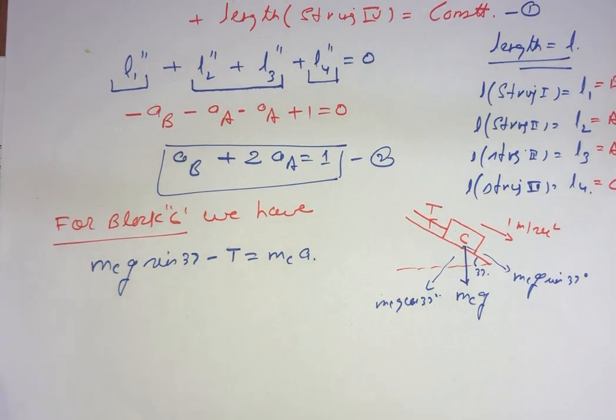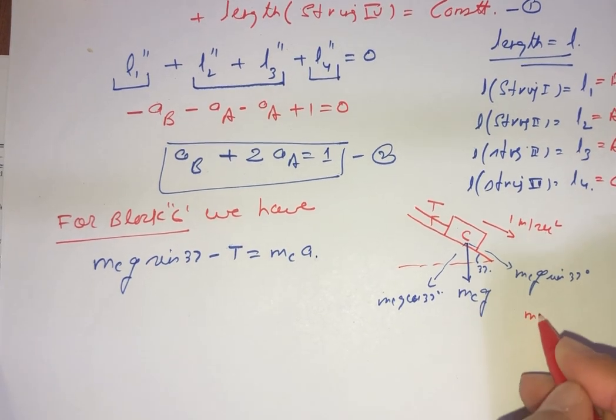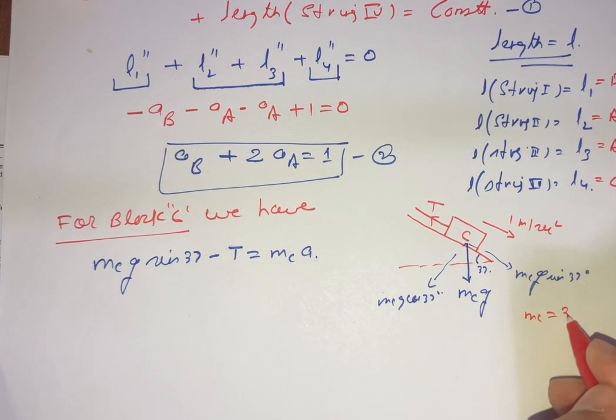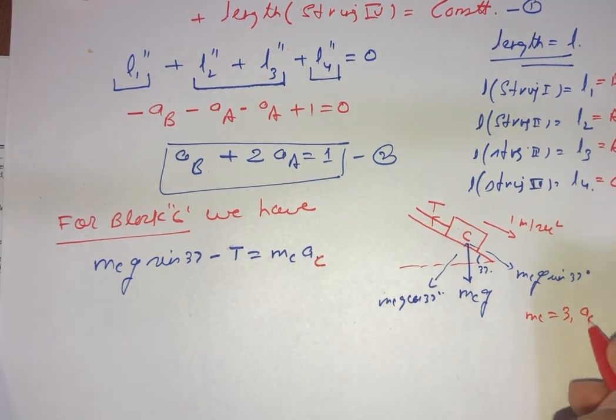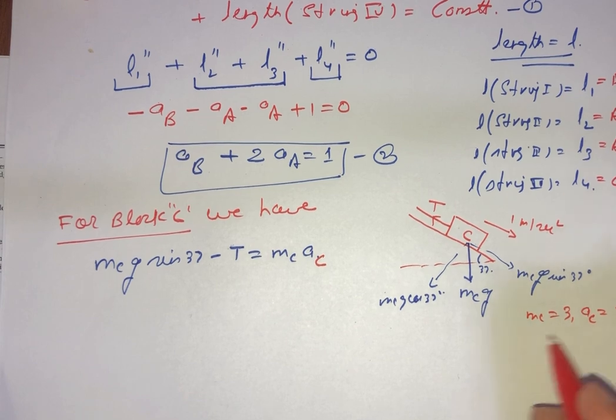Mass mC is given as 3 kg, and let us say this acceleration is AC. Acceleration AC is given as 1.